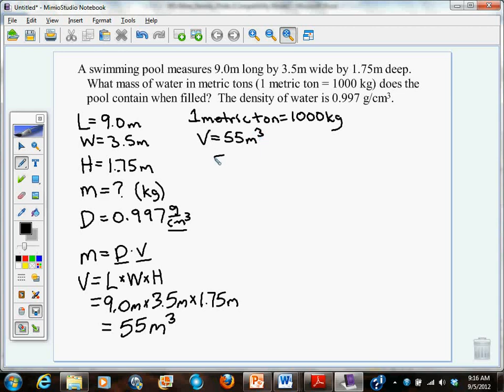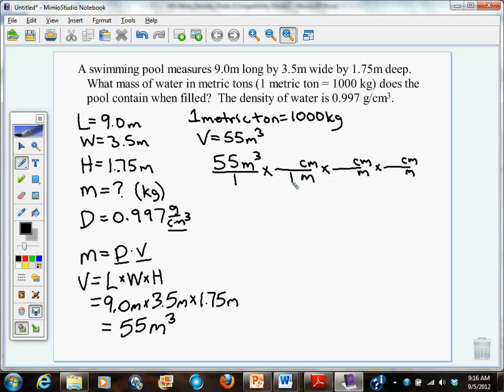The way I do that is I take 55 meters cubed, make that a fraction over 1, multiply that by, I want meters in the bottom, centimeters in the top. Now that only takes care of one of the meters, because this meters cubed is really meters times meters times meters. So I have to do this 3 times. Centimeters, meters, one more conversion fraction, meters, centimeters.